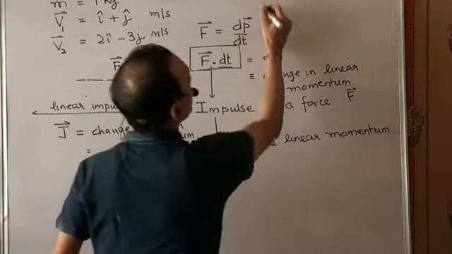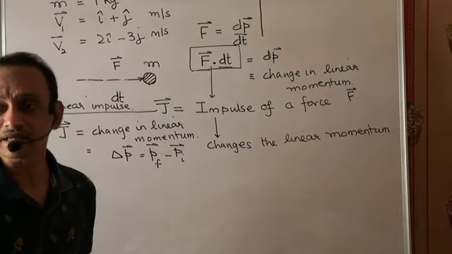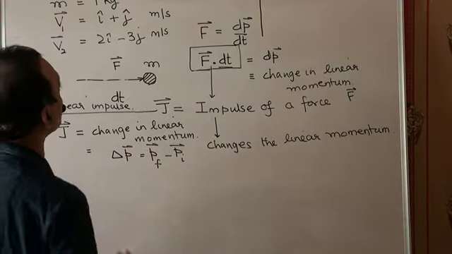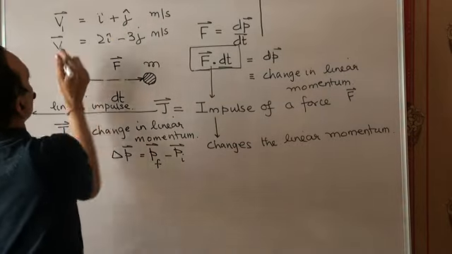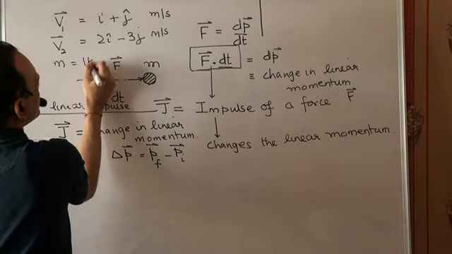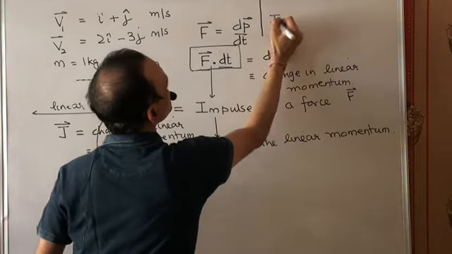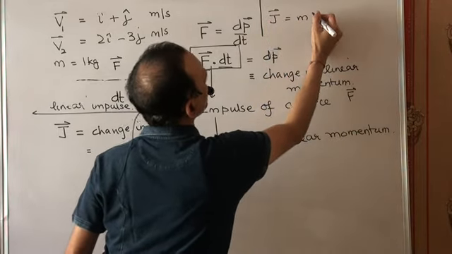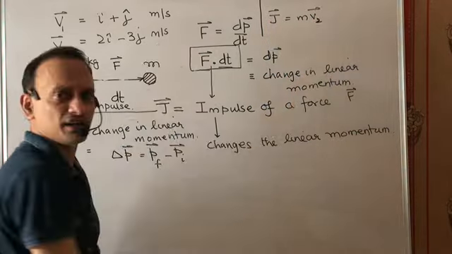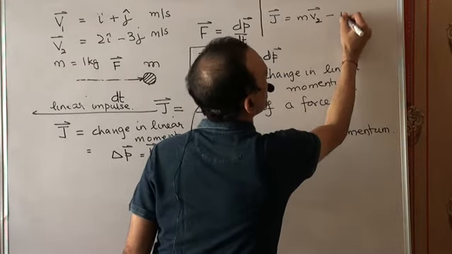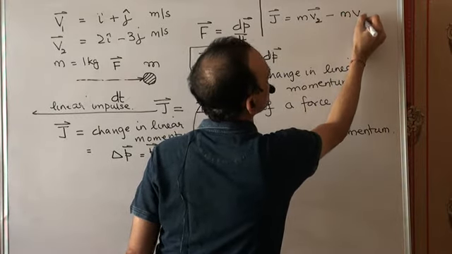So the linear impulse acting on the particle of mass 1 kg would be mass into final velocity, which is final linear momentum, minus mass into initial velocity, which is v1.